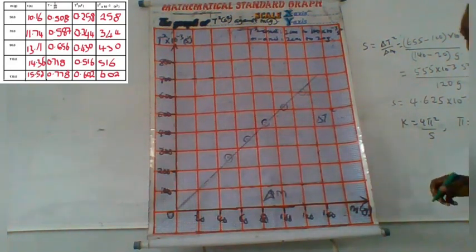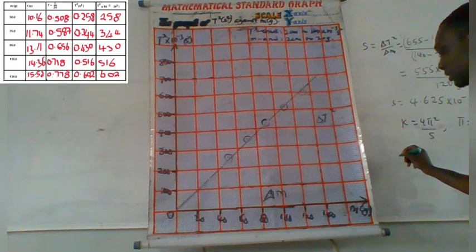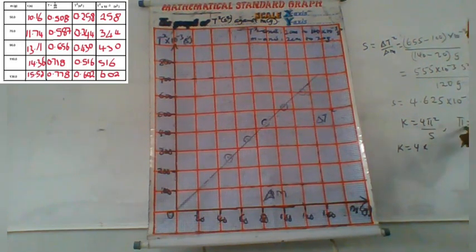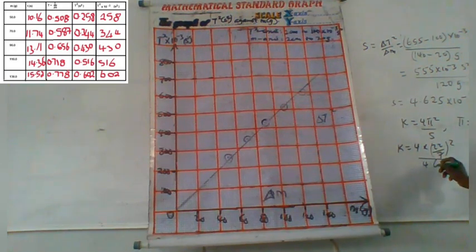So we're going to do this. k is equal to 4 times, we say we should use 22 over 7, squared, divided by our s, which is 4.625 times 10 raised to the power minus 3. So our s is in second squared per gram.